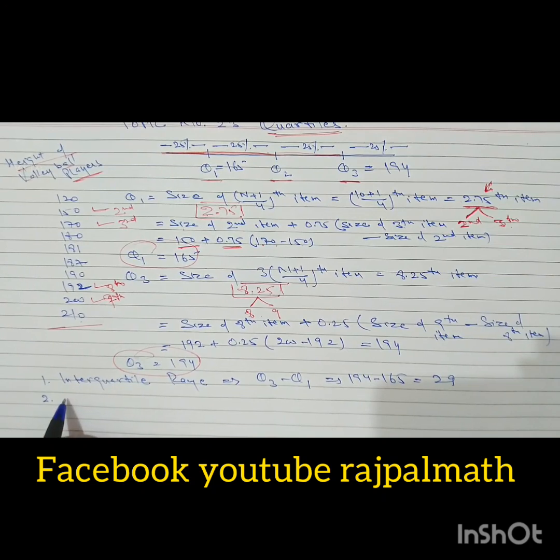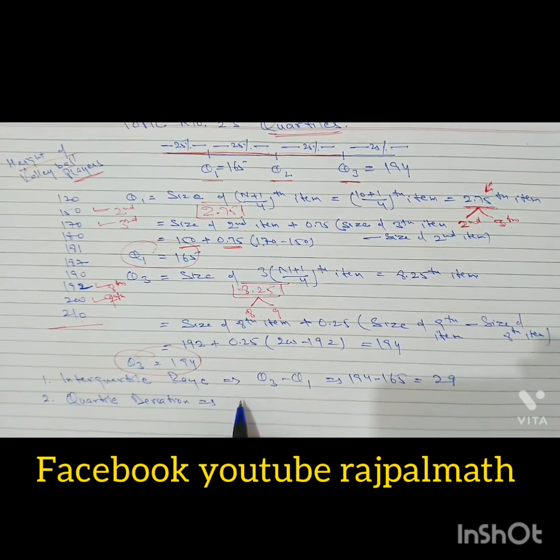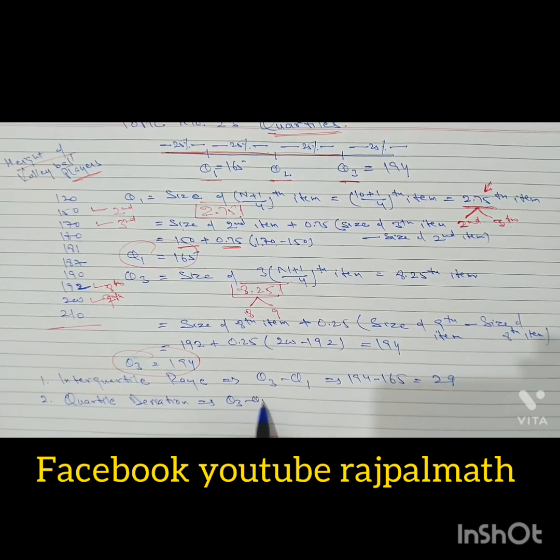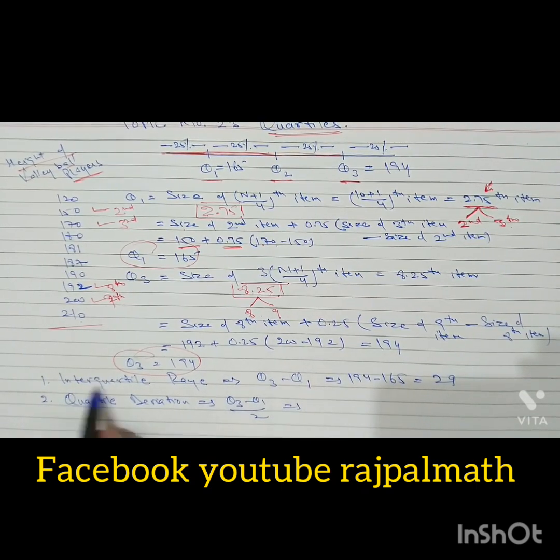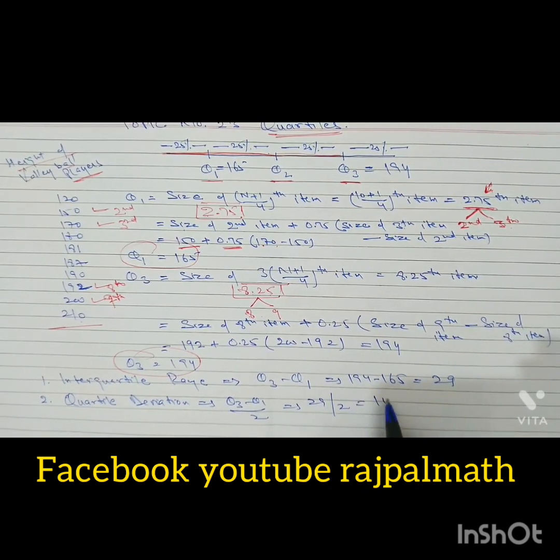Calculate number 2, quartile deviation. The formula is Q3 minus Q1 divided by 2, meaning half of the interquartile range. 29 divided by 2 equals 14.5.